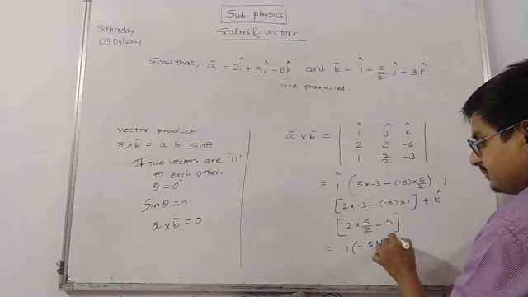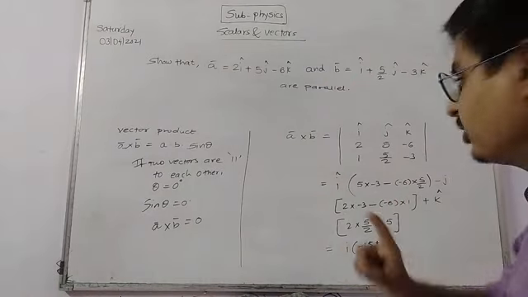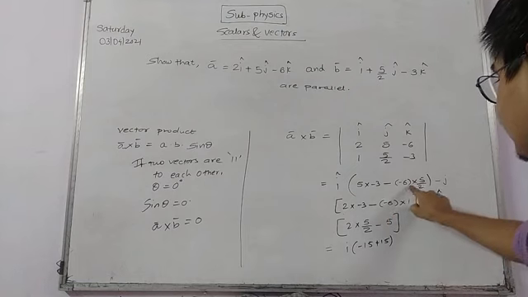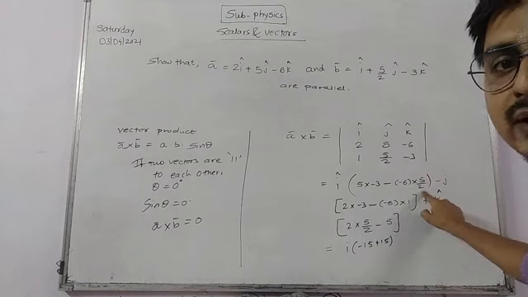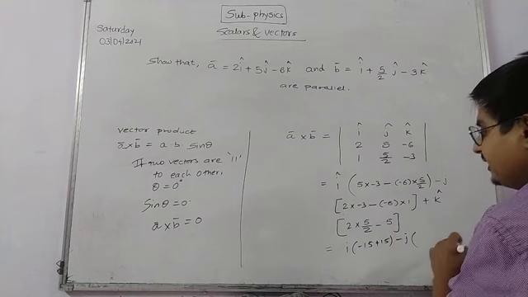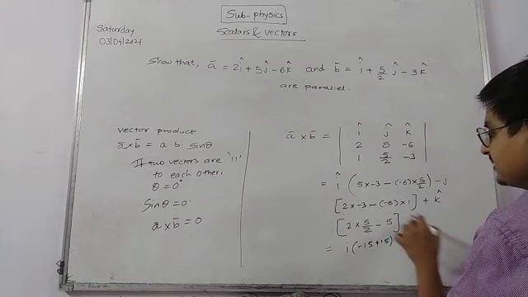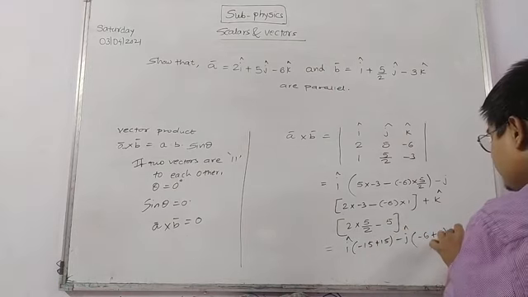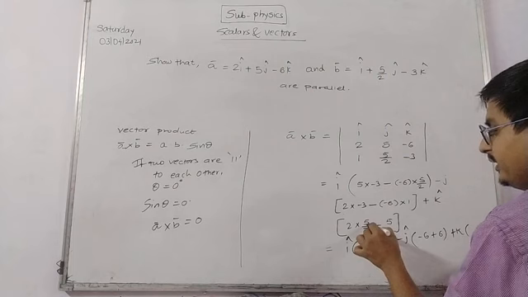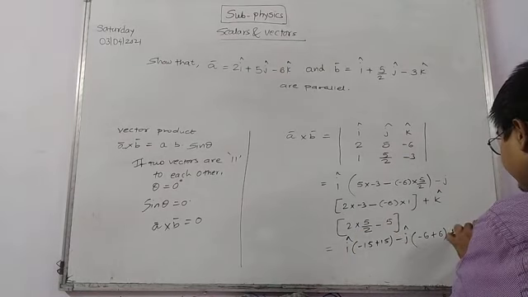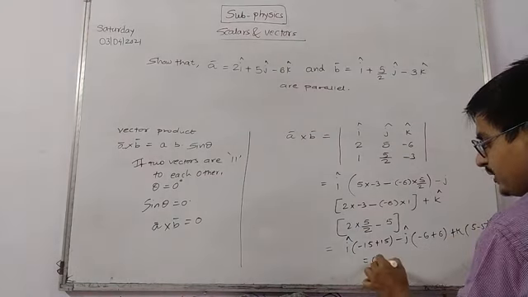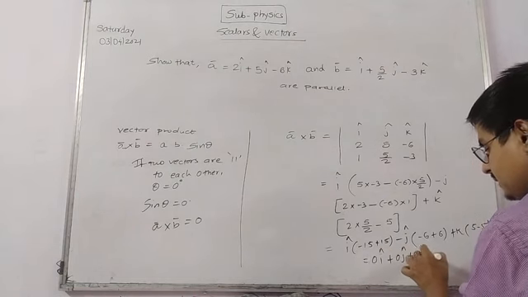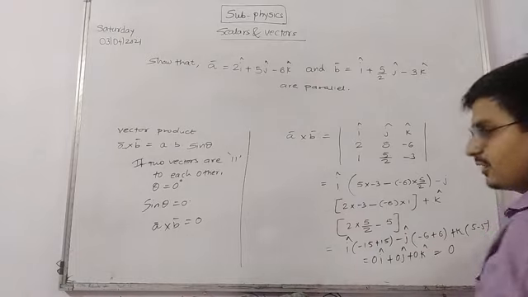If you solve at your home you will come to know, 5 into -3 is -15. This minus will become plus, 6 into 5 is 30 divided by 2, that is again 15. Minus j into 2 into -3, that is -6, minus will become plus 6. And last k, 2 into 5 is 10 minus 5 is 5. At last you get 0 i bar plus 0 j bar plus 0 k bar, that is nothing but 0.